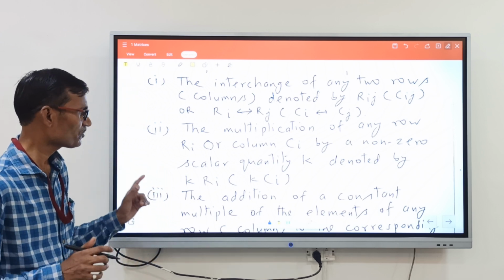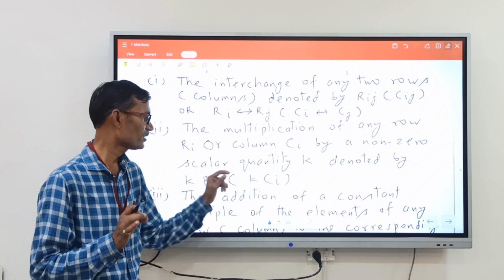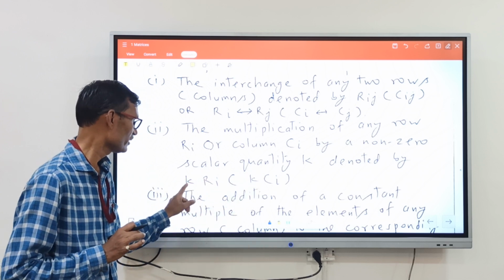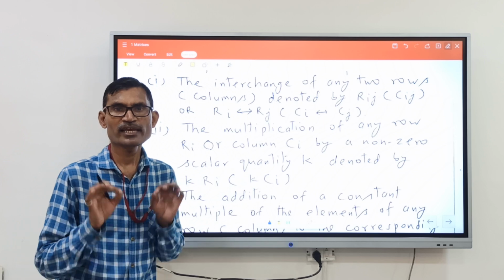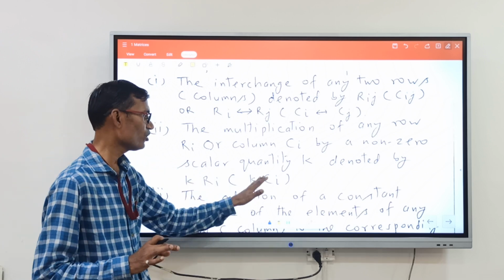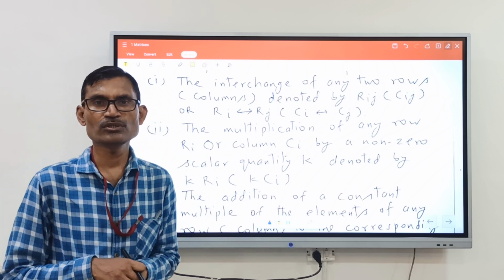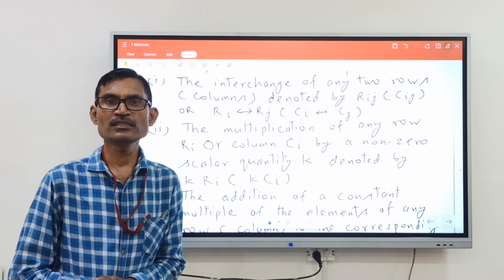We can multiply any row or any column by k, where k represents a non-zero scalar quantity. If we multiply any row or any column by a non-zero scalar quantity, it is not going to change the properties of the matrix.